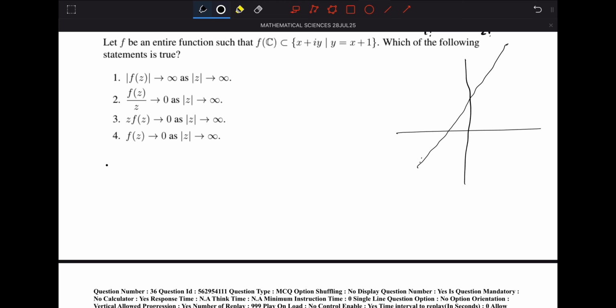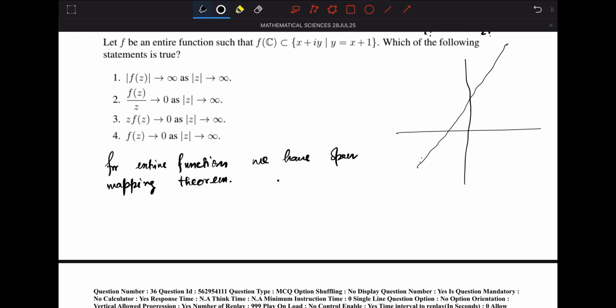So we know for entire functions we have the open mapping theorem. That means the image of an open set U is open. So let's consider an open set U inside C. When the image is open, every open set in C contains a ball.